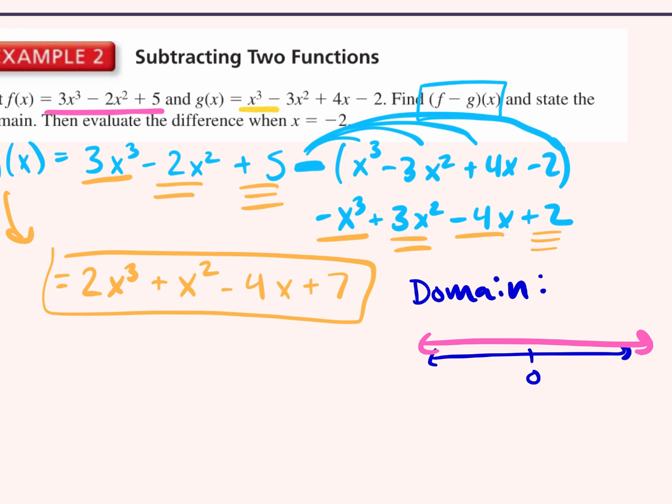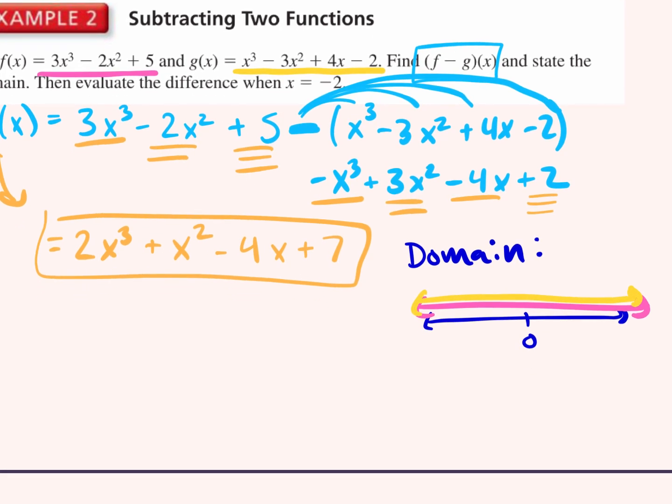Let's check g of x. Do I have any restrictions there? Do I have any square roots? Do I have any fractions? Nope. So this again is all real numbers. So the whole number line there. So for our domain, we think of the overlap. What overlaps here?